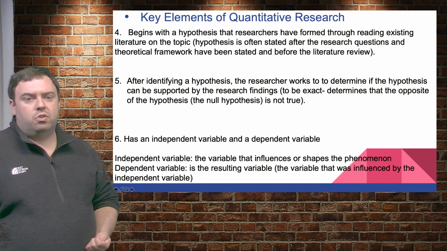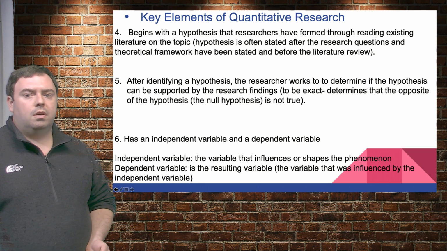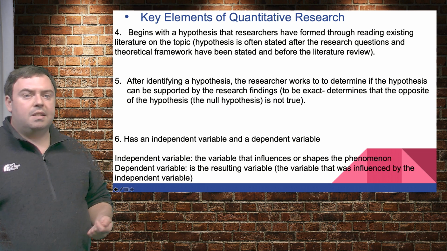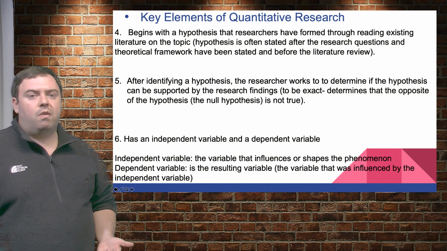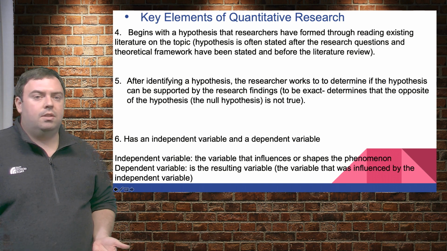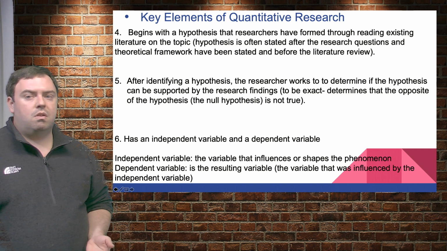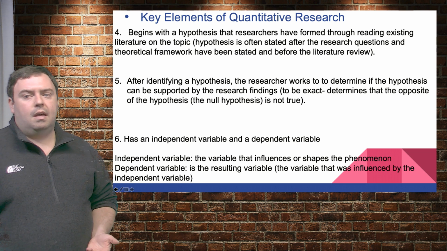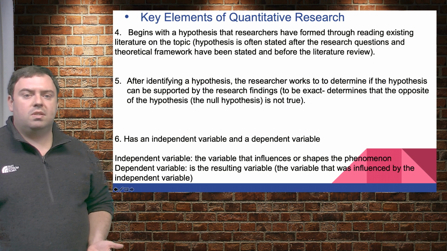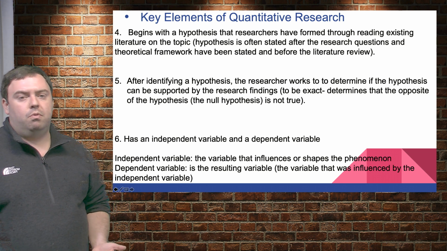Explanatory quantitative research also has an independent variable and a dependent variable. First of all, variables are things that change in a study. A variable could be any kind of characteristic that differs between groups of people.